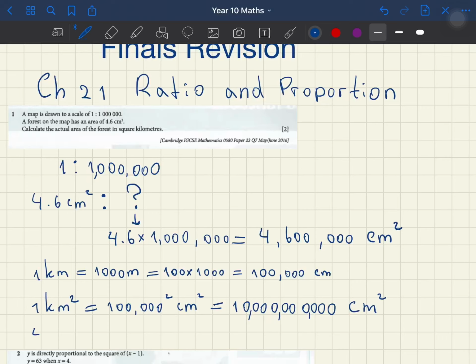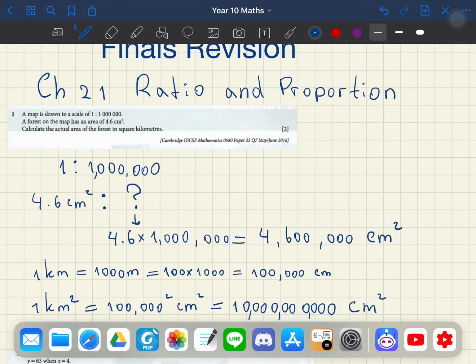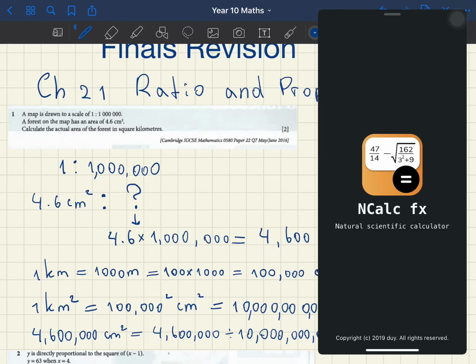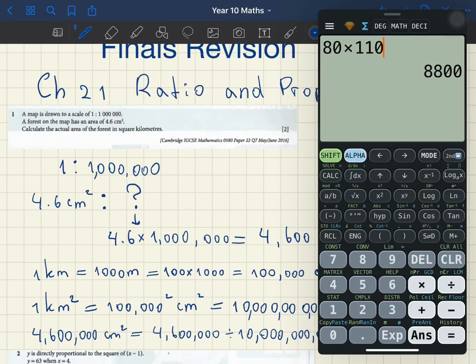Then 4,600,000 centimeters squared equals 4,600,000 divided by 10 billion. Oh my goodness, such a big number. I'm going to take a calculator for this. You don't actually need a calculator, but I'm just too lazy to do that.